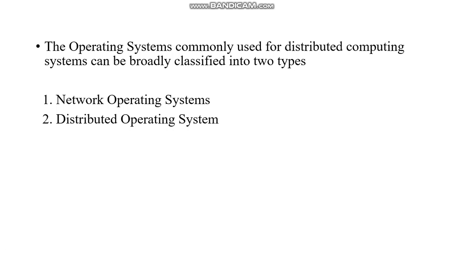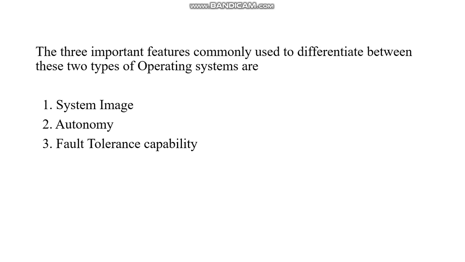We are going to compare these two. If a system is built using the network operating system, how will the machines behave, and if an environment is constructed using the distributed operating system, how does that environment behave.